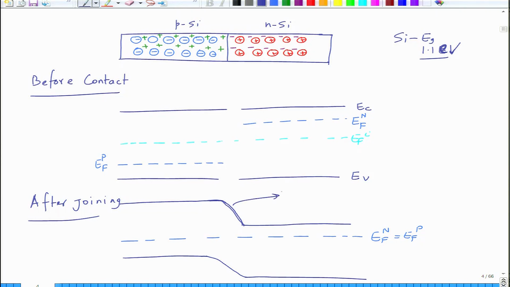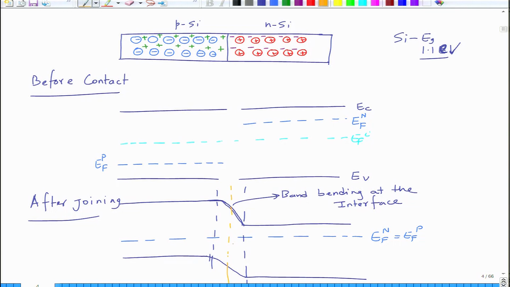So, this is band bending at the interface, alright. Now, the region at the interface, so this is the original interface, let us say.